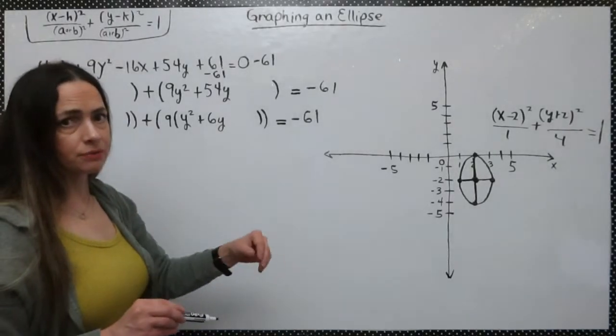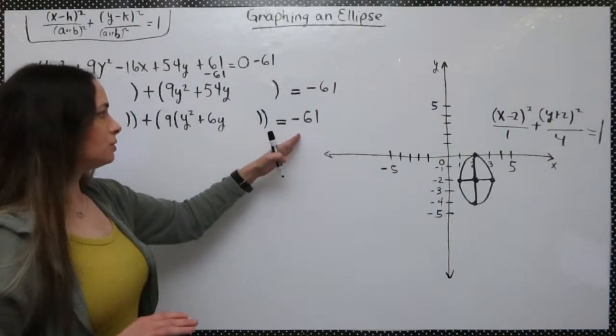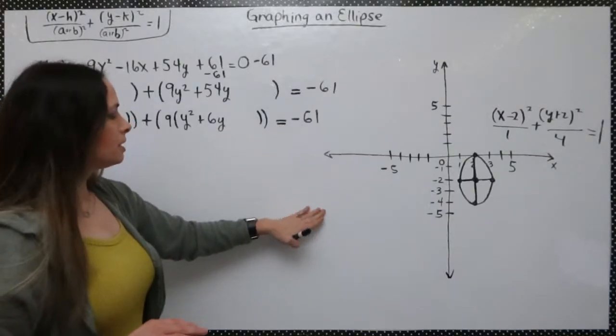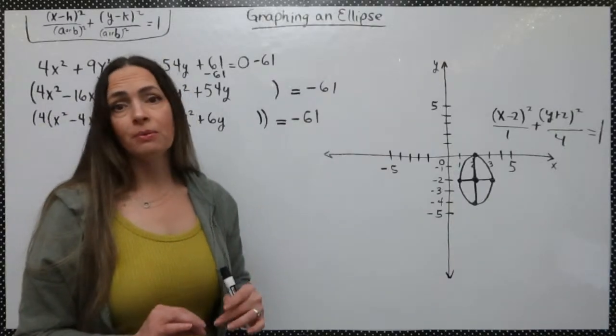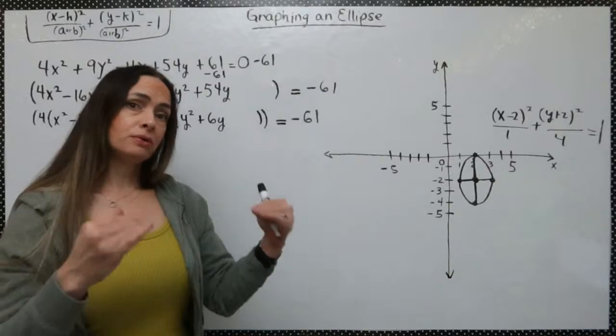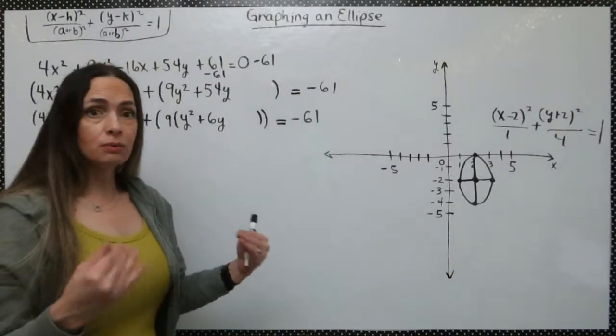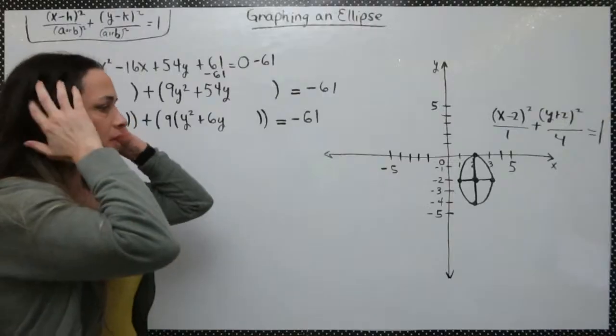When you're saying something is equal, you have to always keep it equal by making sure that you're performing the very same operations on both sides. Both sides are getting equal treatment. And that's how you keep it equal.